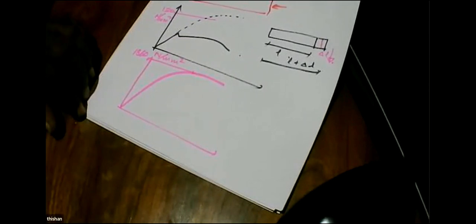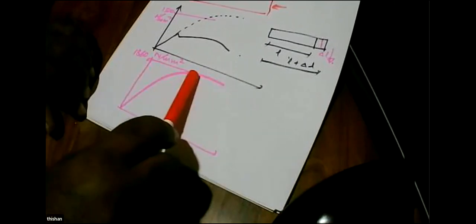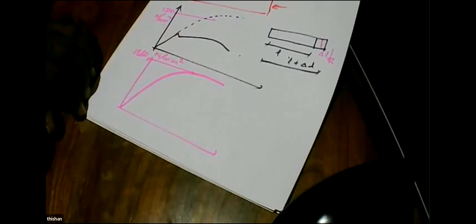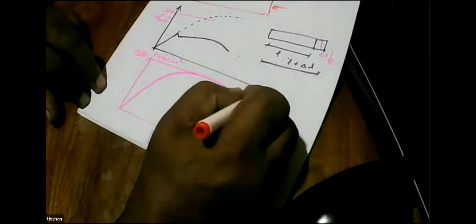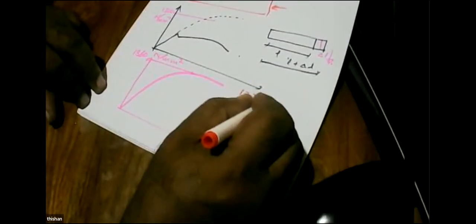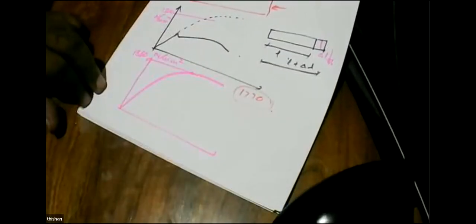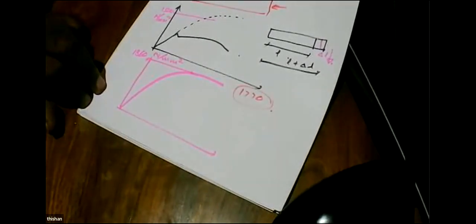These can vary from manufacturer to manufacturer, but generally you can expect something with a maximum around 1,860, and there are some steels 1,770. There are so many different values, but generally 1,860 characteristic strength or the breaking strength steels are available.